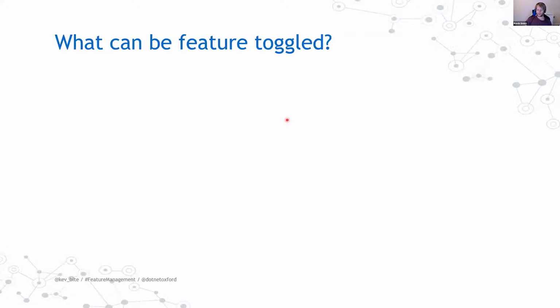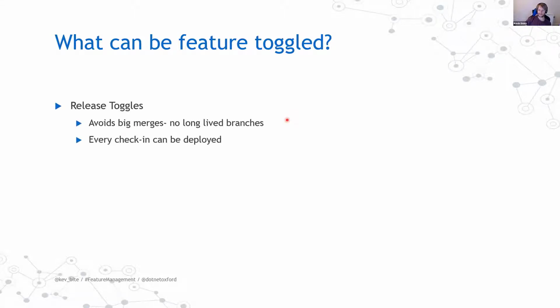But there's lots of things that can be classified as feature toggles, and we categorize them into 4 distinct types. The first one is a release toggle. A lot of people use these to keep rapidly producing features without breaking a CI build. So if you've got a feature you're building and you don't want a long-lived branch, you can keep committing it to master behind a toggle.